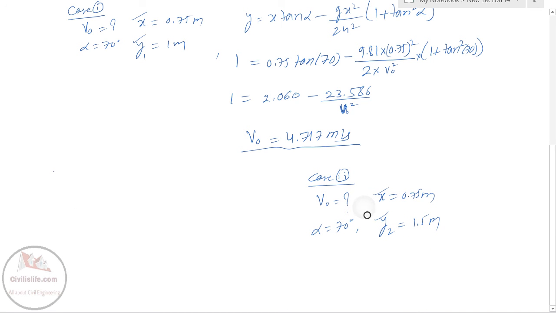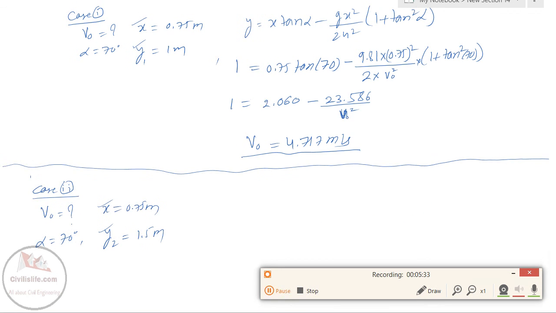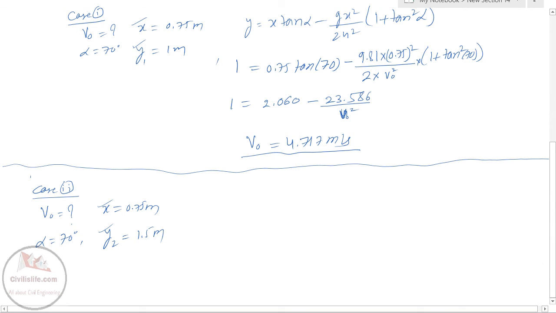So this is the case 2 data. Again, the relation between this x and y is known.